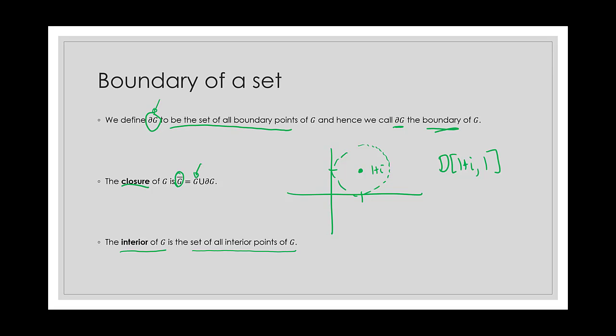What's the boundary of this open disk? Using a different color, the boundary would be the dotted line there. This would be the boundary of D(1 plus i, 1). Now the closure of our open disk is actually just the closed disk that we defined earlier. And what's the interior of the set?